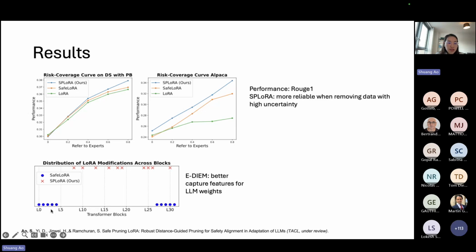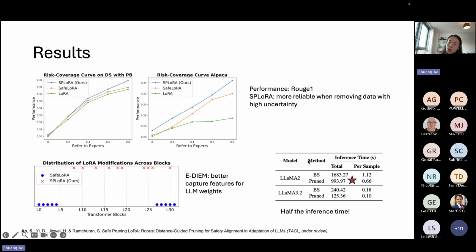We all know that the very first few blocks are for initialization, and the very last are very sensitive for answer generation. But the blocks in between are important to catch and learn the features. So it means that our method can better catch when the weight didn't learn good enough features, instead of just focusing on the first few and last few layers.